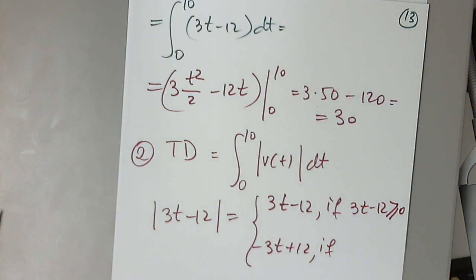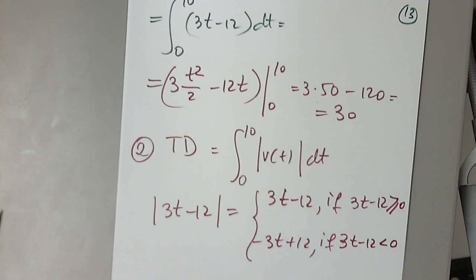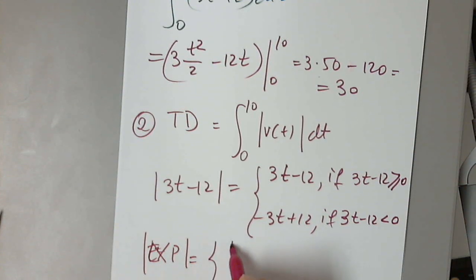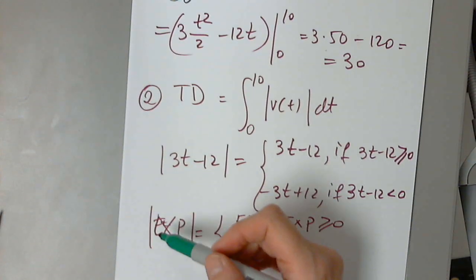So let's go back to the formula one more time. This is very important. Any expression in absolute value is the expression if the expression is positive or 0, or negative the expression if the expression is less than 0. So please remember this.